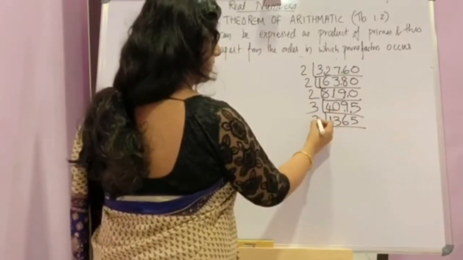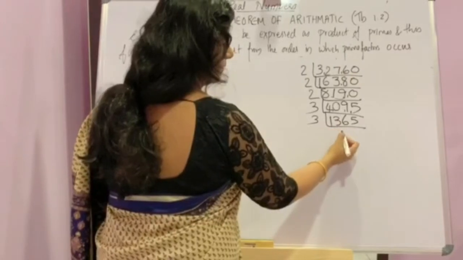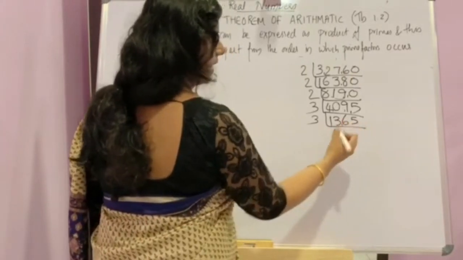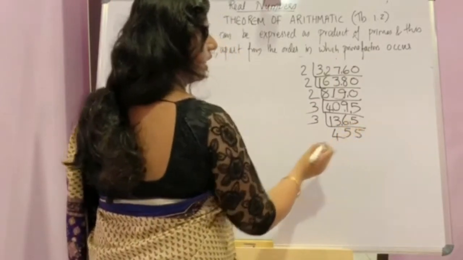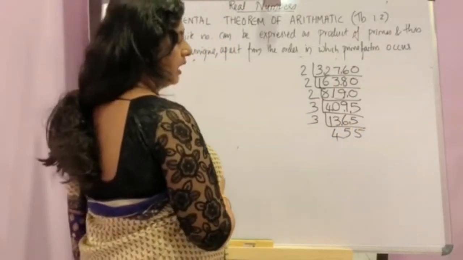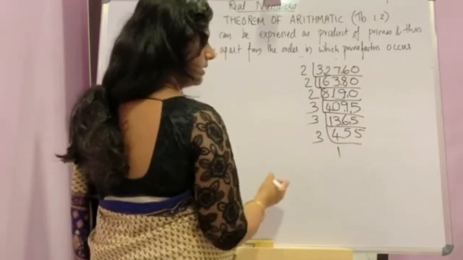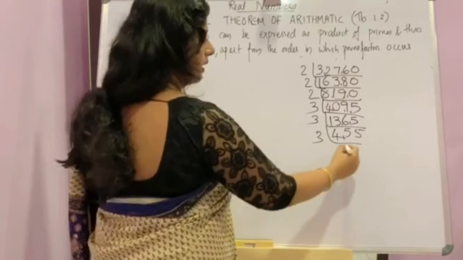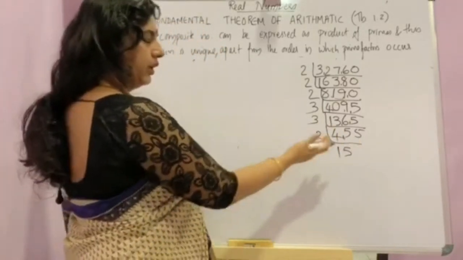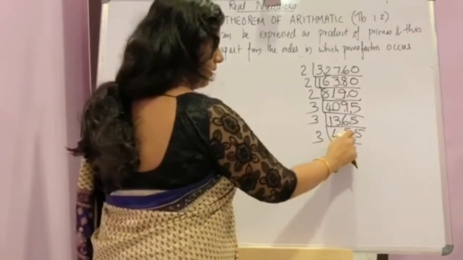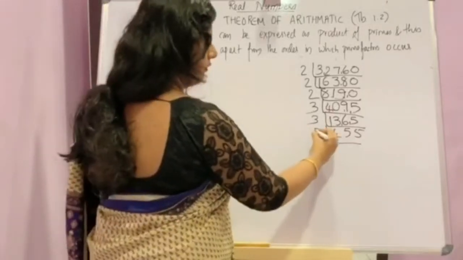Now again let us check 3. 4 threes are 12, balance 1. 5 threes are 15. Now again 3. 1 three is 3, balance 1. 5 threes are 15. Now is it divisible by 3? No. So we move to the next prime number, that is 5.